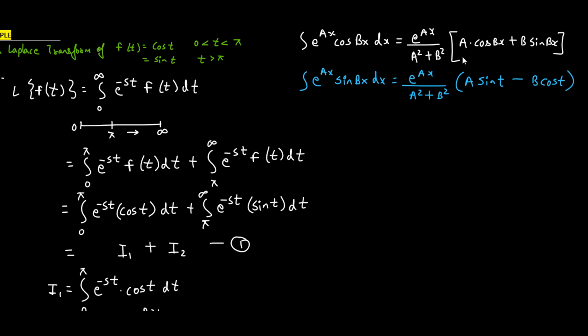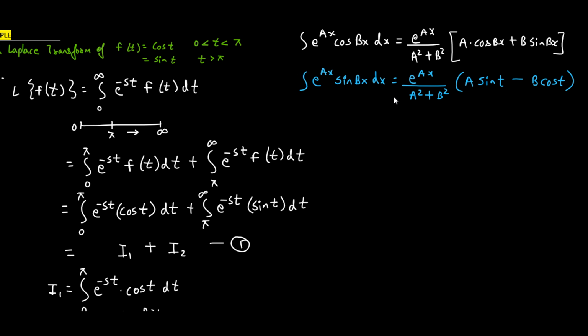Same as above, but the only difference is here sin bx is there. Here a comes first, here b comes afterward, but here sin comes first and cos comes after, and the sign is also changed. If we prepare only one formula, you will remember this automatically. We only have to change the positions of cos and sin and change the sign. This is the only difference for e raised to ax sin bx.